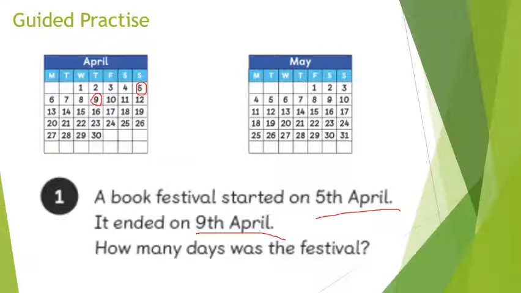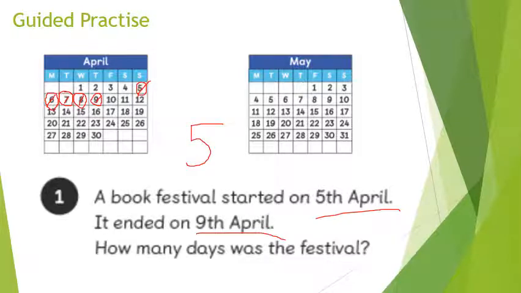And then I could also, just to make life a little bit easier, circle these dates in between, which gives me my total number of days. So all I need to do now is to count them. So we've got 1, 2, 3, 4, 5. So the answer is 5.